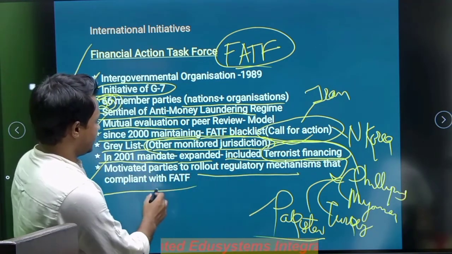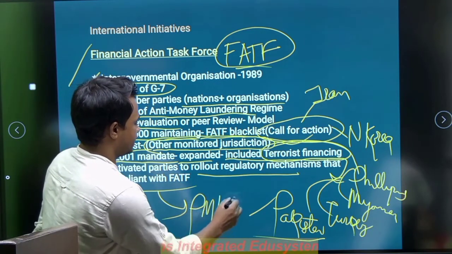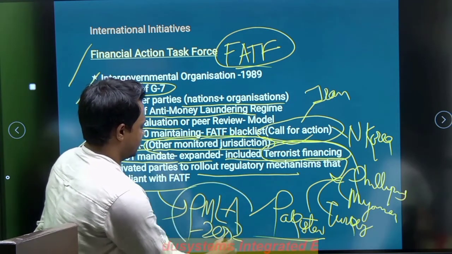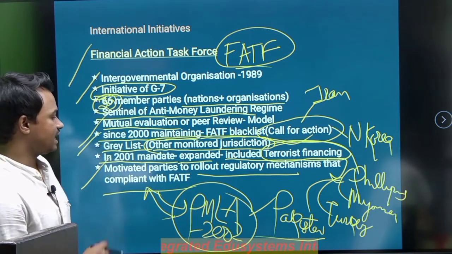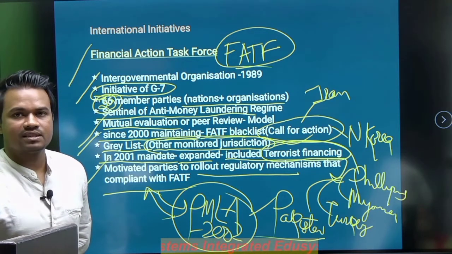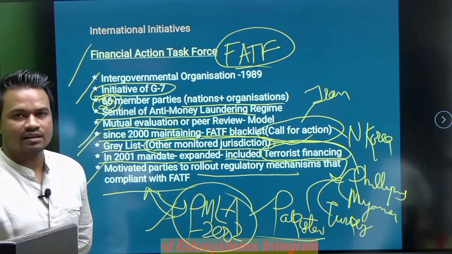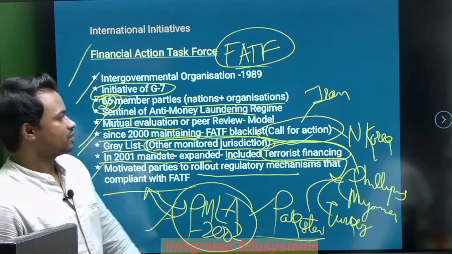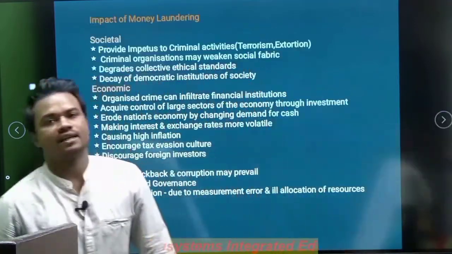So that's why India rolled out the Prevention of Money Laundering Act 2002. This is one of the effects of the FATF, that a country like India strives for money laundering free regimes in the nation, and that's why the country envisioned the rollout of PMLA, the Prevention of Money Laundering Act 2002. So this is about the global initiatives and their effect on our country as well.